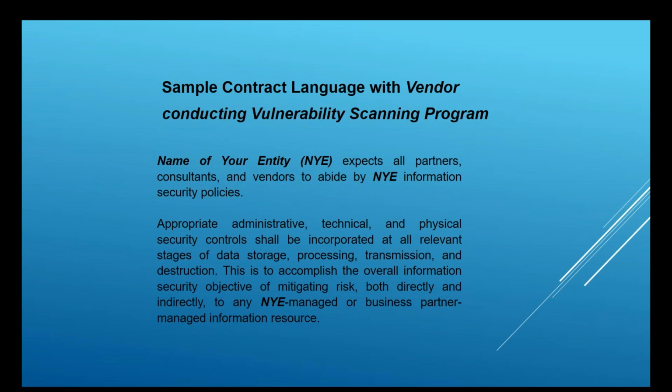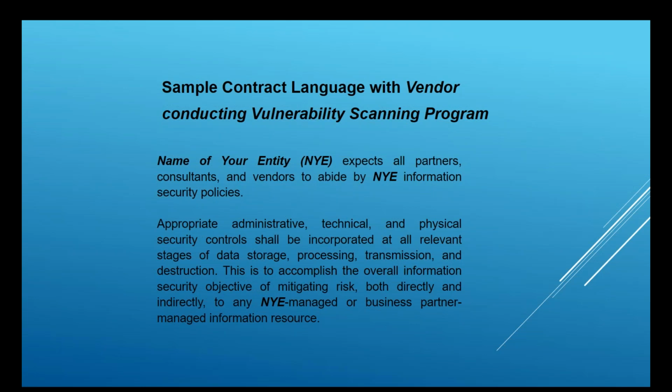We're going to go through the same basic steps, put what you're expecting them and any of their partners to abide by your information security policies. You may have to furnish them a copy of your information security policies. That's not a problem, but you want them to provide the same type of protection to that data and the applications as if you were hosting it in-house.